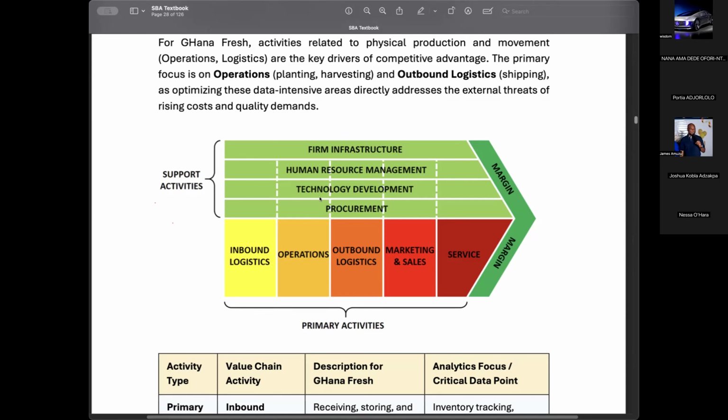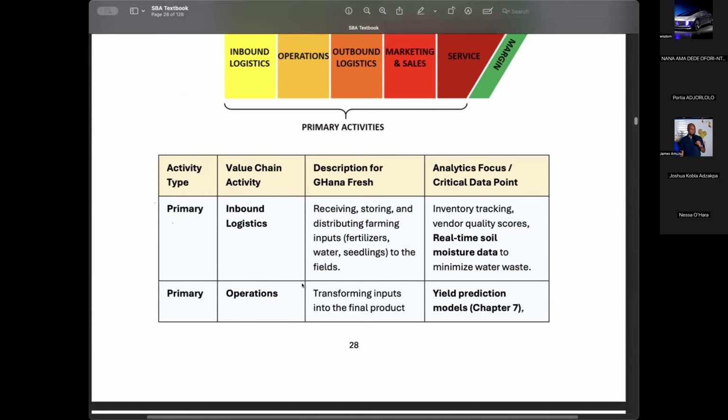So the two in the middle, the operations and the outbound logistics, play a key role for Ghana Fresh. If I have anything, I'll pour my data sensors and my data collection abilities into these two so that I can get a richer picture. Outbound logistics and operations. Okay.